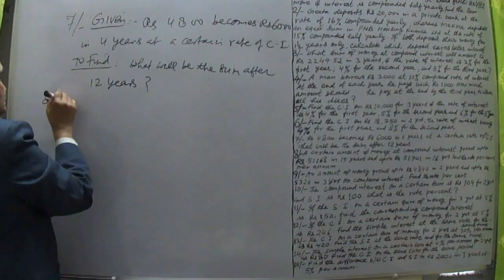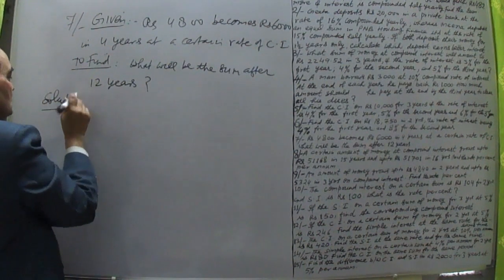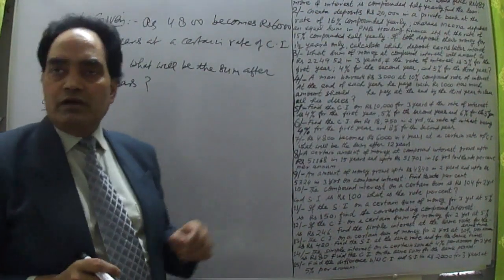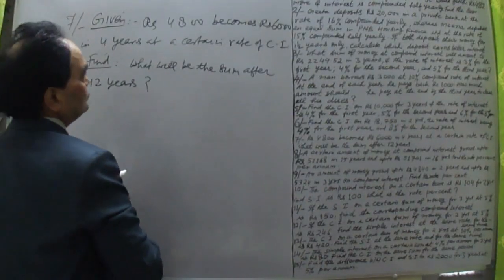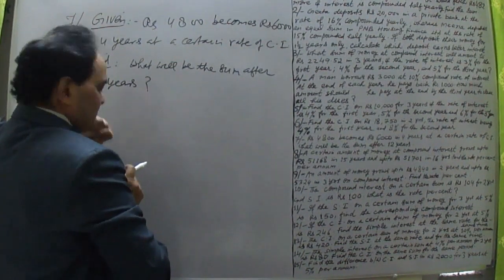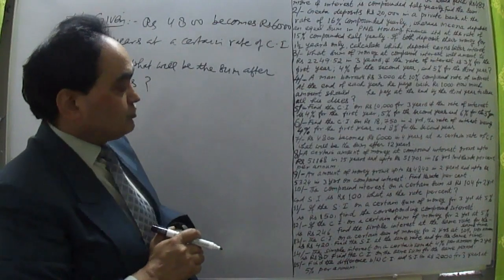Solution. Now try to understand the solution. Now we know what the amount is equal to. It says the money becomes 6,000. So the amount becomes 6,000.